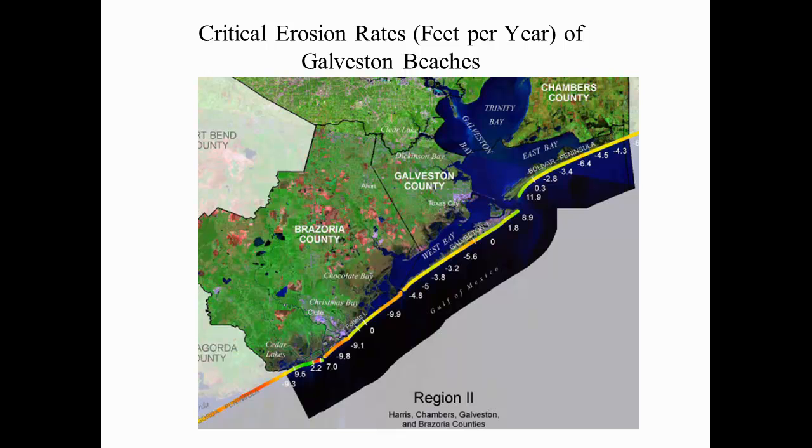So tomorrow, during the Galveston field trip, we're going to look at these eroding beaches in more detail also. It's not surprising that the beaches that are undergoing net deposition and growth are those stretches that occur adjacent to the jetties, where those structures act to trap sediment and keep it in place.